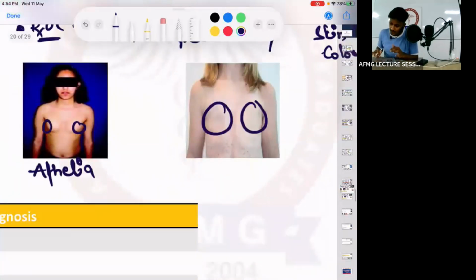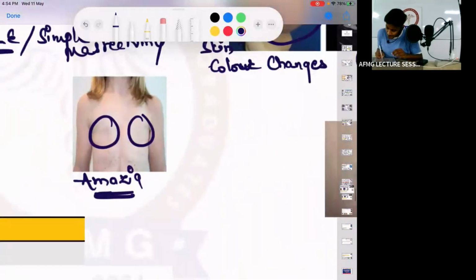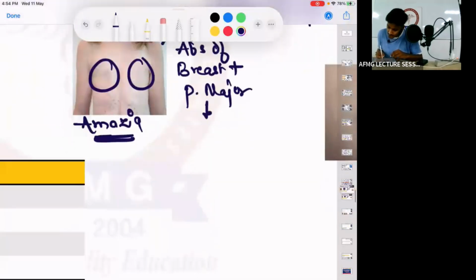Absence of breast is called amazia or amastia. If there is absence of breast along with pectoralis major, it is called Poland syndrome. What is absent in Poland syndrome?